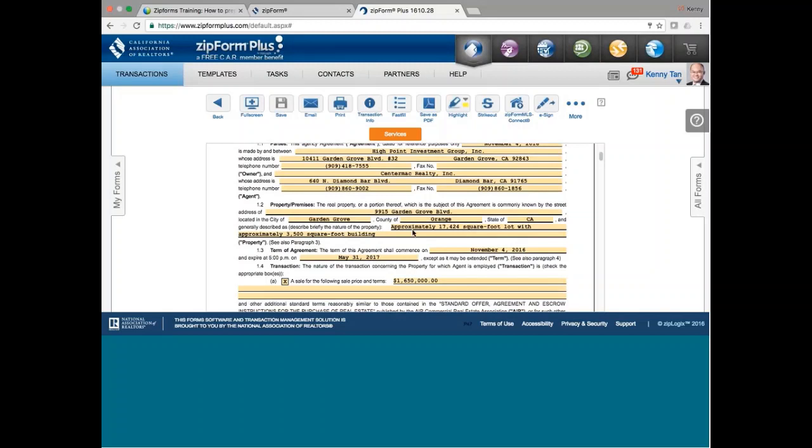Approximately 17,424 square foot lot, with approximately 3,500 square foot building. And the listed price is 1.650. The market price is probably about 1.45, based on $480 per square foot market price.